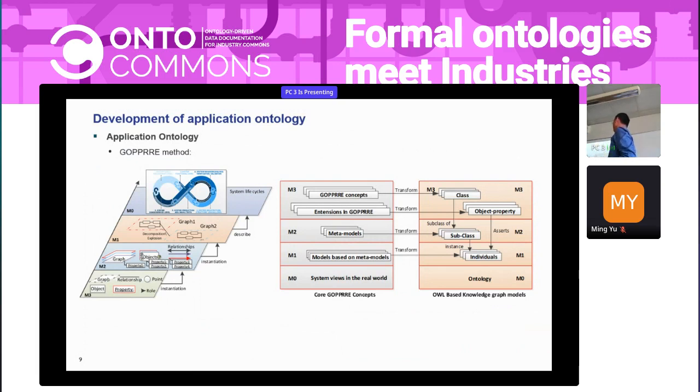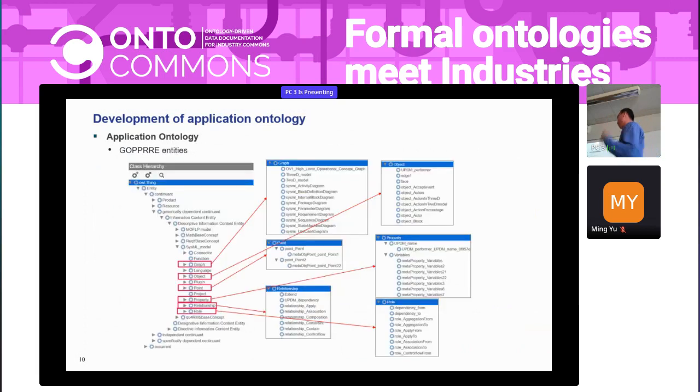Basically, we can map them as class, object property, subclass, individual, and in the end we have an ontology. It's kind of a one-to-one map. But of course, in reality, you will find some overlap. Sometimes a graph can be decomposed into a metagraph, and a metagraph can further decompose. It depends. Let's go back to the previous discussion: how do we define the scope of the system?